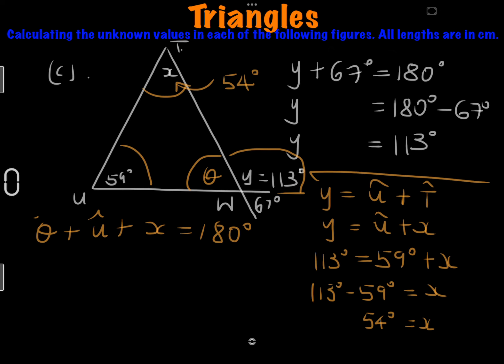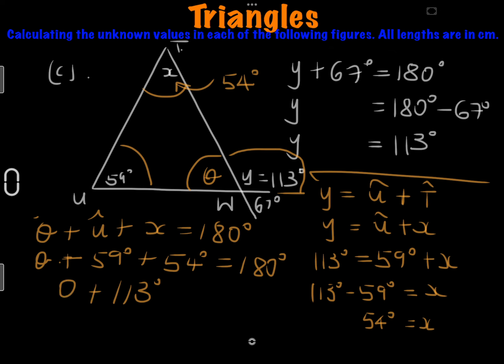Let's go ahead and substitute. Theta plus u, which is 59 degrees, plus x, which is 54 degrees, is equal to 180 degrees. Now moving forward, if we add 59 onto 54, we get 113 degrees plus this theta here, which is unknown, is equal to 180.